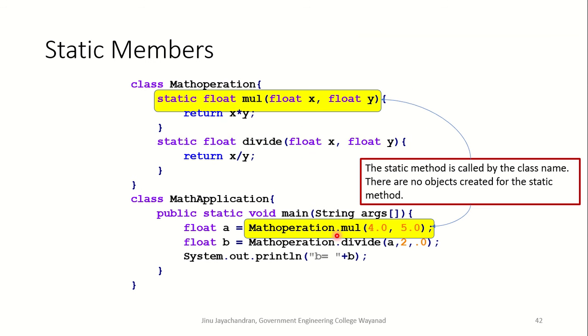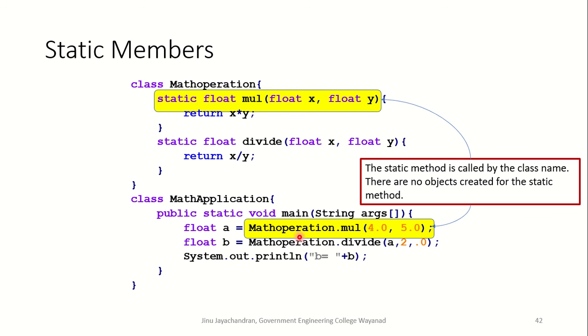When I want to call the multiplication function, mul, you see that I haven't declared an object for MathOperation. Instead, I directly use the class name, MathOperation.mul, and I pass the arguments which will eventually call this static function.